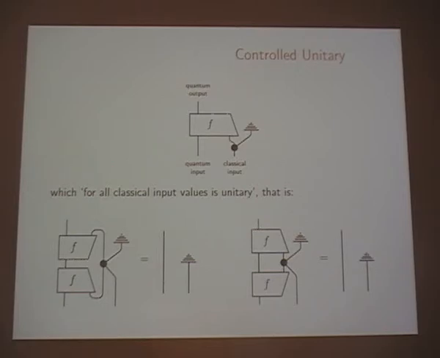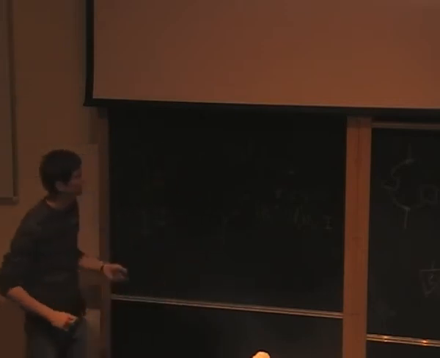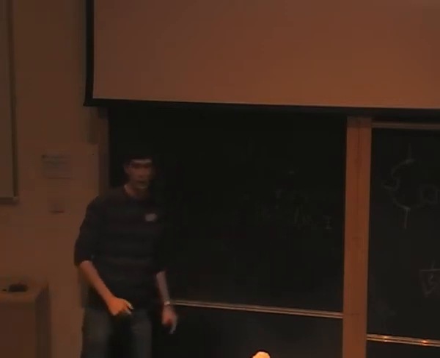The idea of the controlled unitary is that we have a family of unitaries, a family of maps Ui, which are indexed by i in some set S. And we say that this is a controlled unitary if for any i in S, Ui is unitary, meaning that Ui is equal to the identity, and this is this. Okay? For any i, we have that Ui is a unitary.